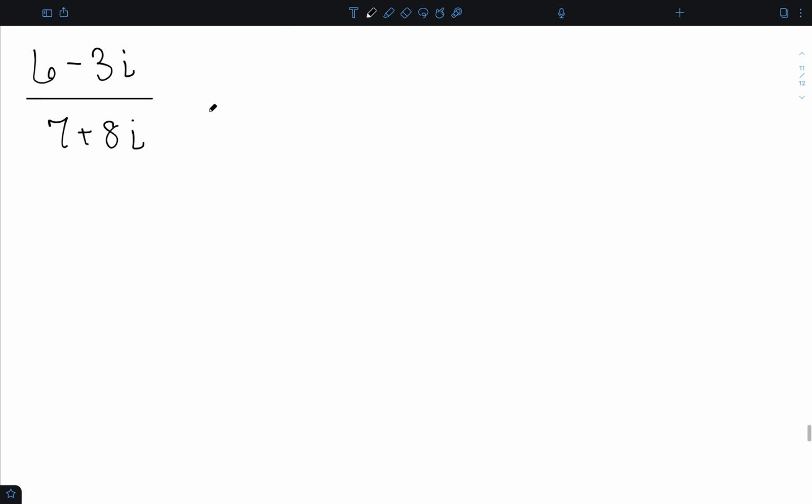For my last example, let's do 6 minus 3i over 7 plus 8i. The conjugate of the denominator would be 7 minus 8i, since I just need to change the sign on the piece containing the i. 6 times 7 is 42. 6 times negative 8i is negative 48i.